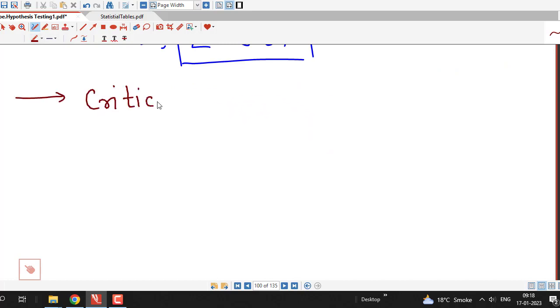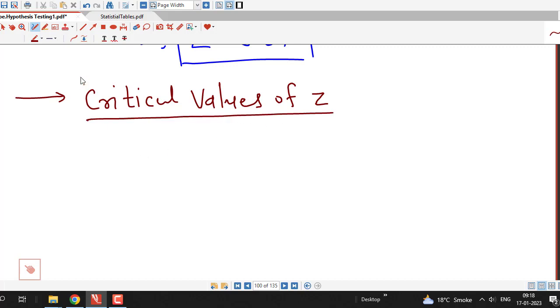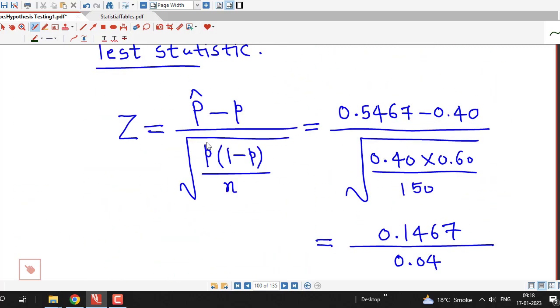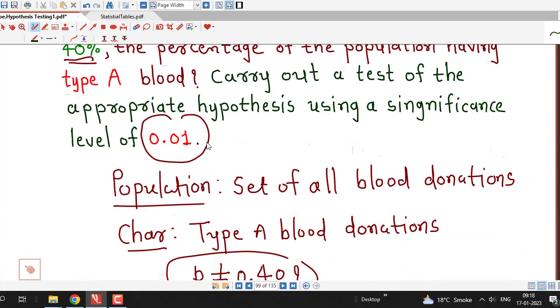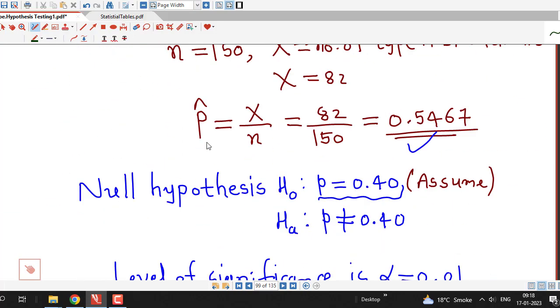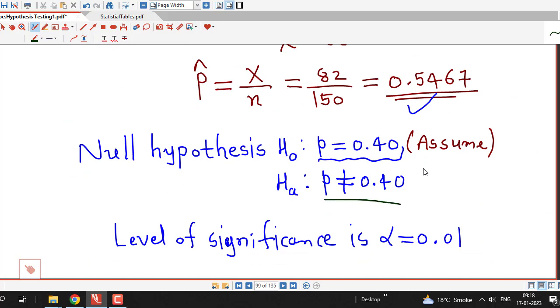Now next step is to compare this value with critical values, and for that we try to find out critical values of Z. We know that the level of significance is alpha equal to 0.01, and you can see the alternative hypothesis is two-sided, that P is different from 0.40.